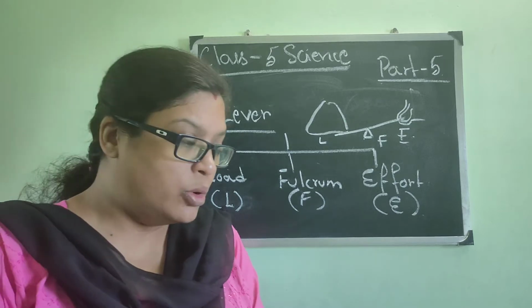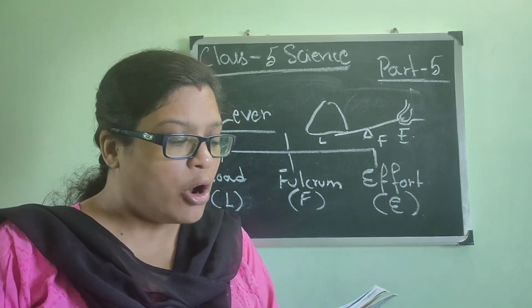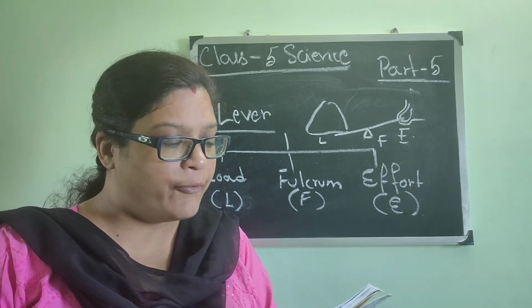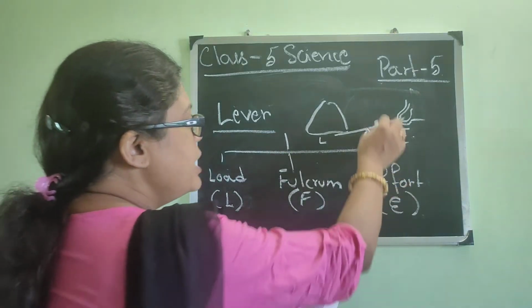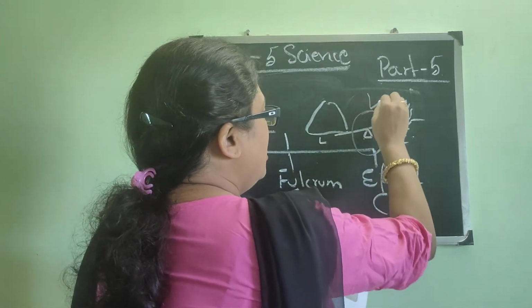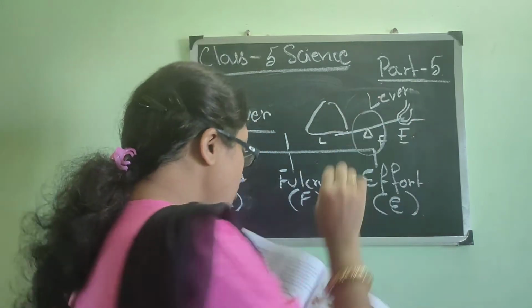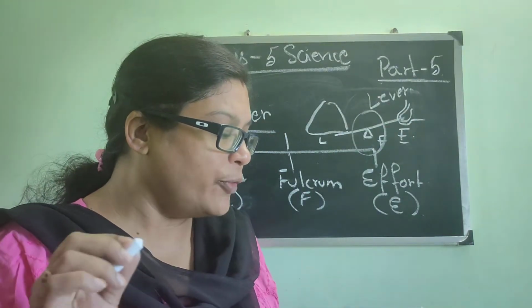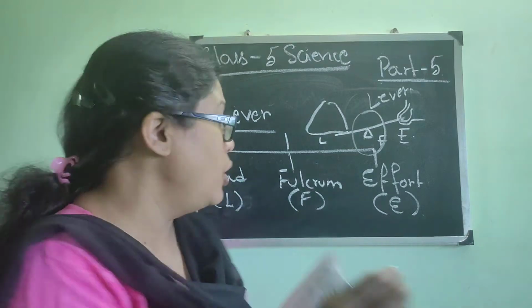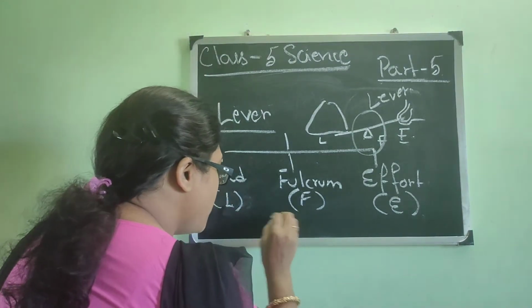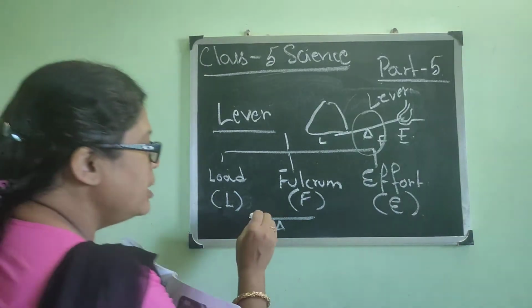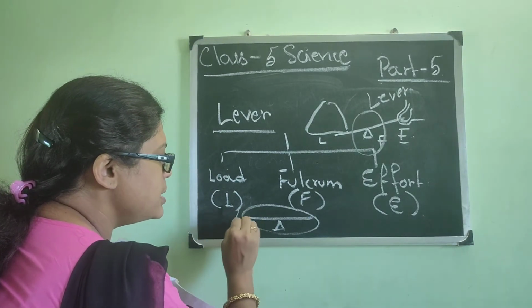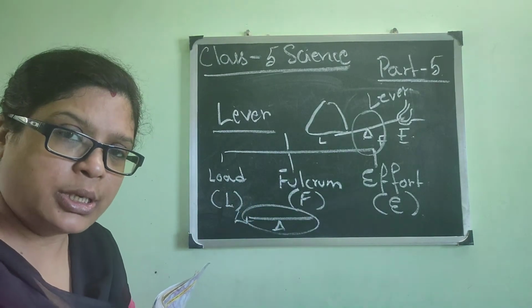Page 82. The arrangement of a rod free to move around a fixed point is called a lever. So when we put a fixed point and place a rod on it with a balance, the rod can move 360 degrees if it wants, isn't it?